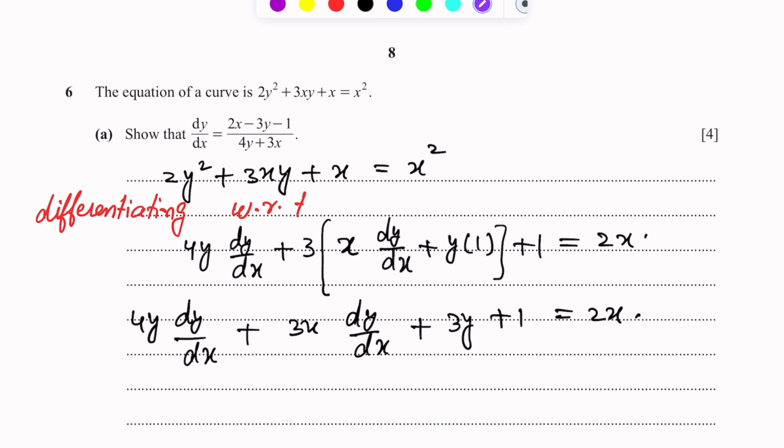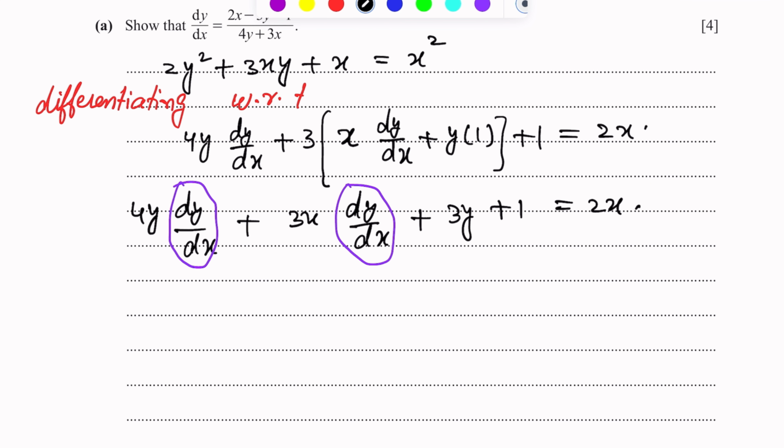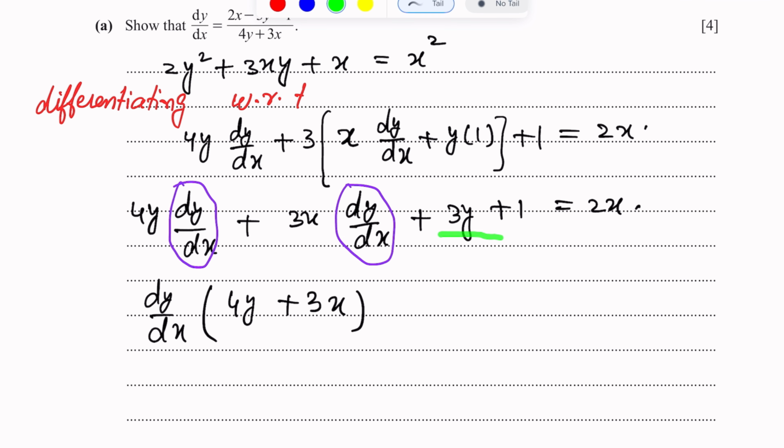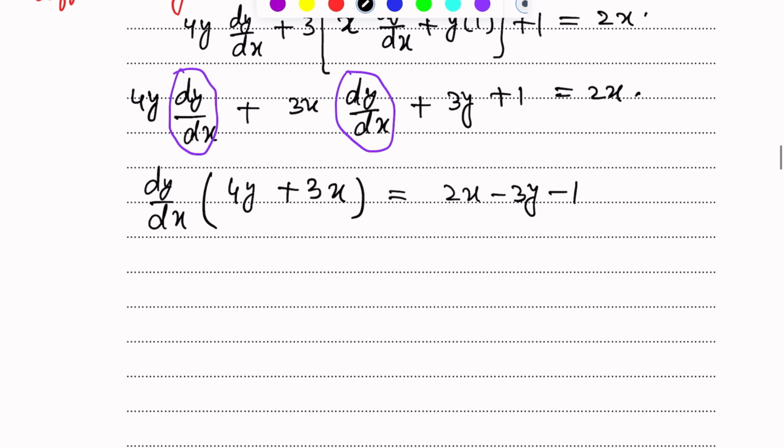Now we can take dy over dx common from these two terms. Dy over dx is common, times 4y plus 3x. The remaining terms can go to the right hand side and the sign will be changed: 2x minus 3y minus 1.